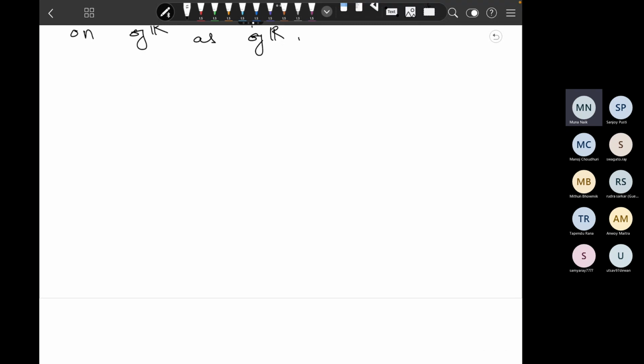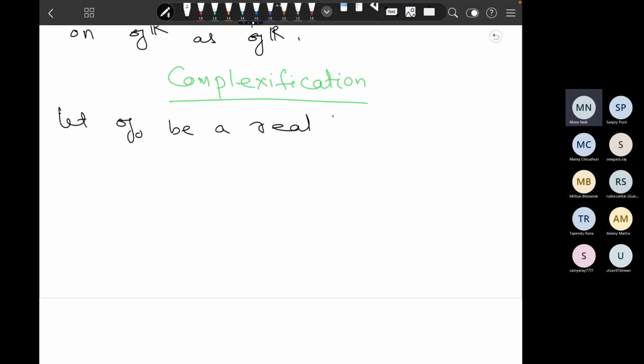Now I want to mimic the same construction for complexification, which I have done for the vector space setup. So let G naught be a real Lie algebra.